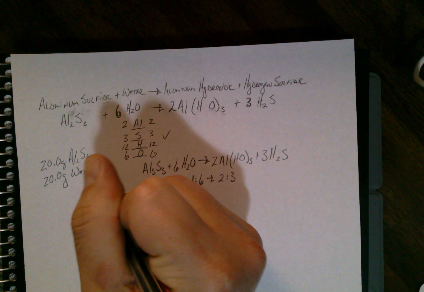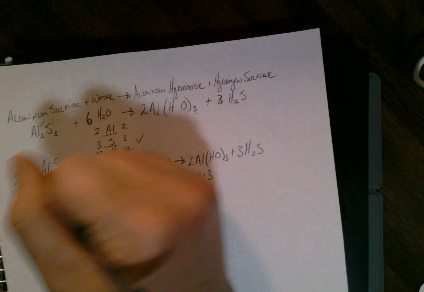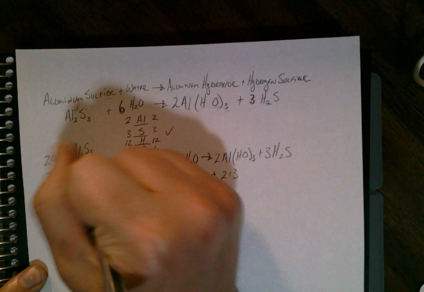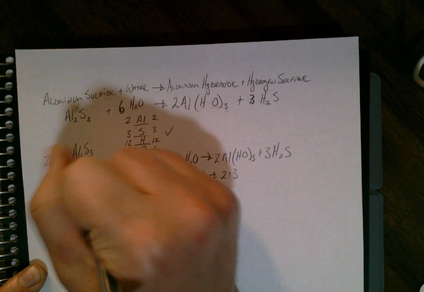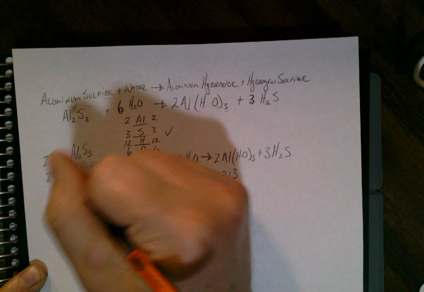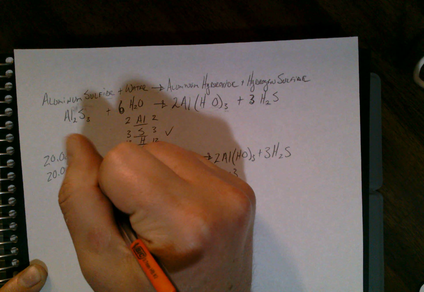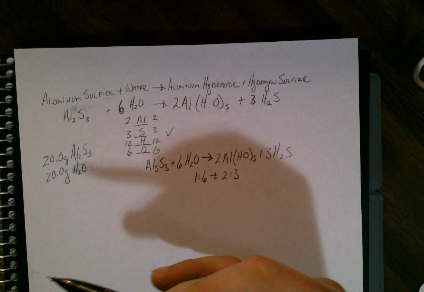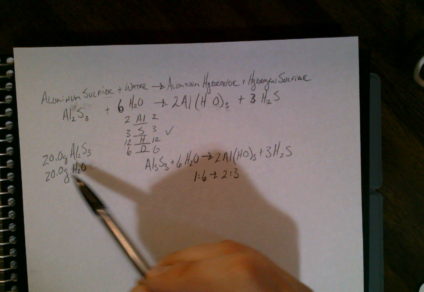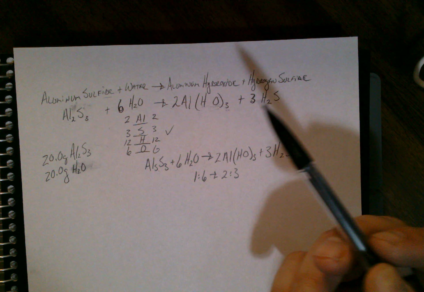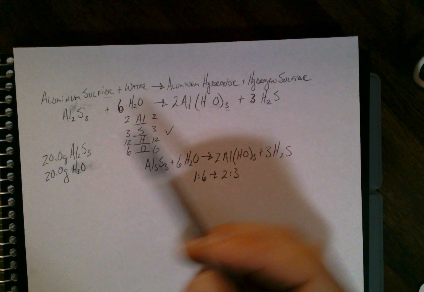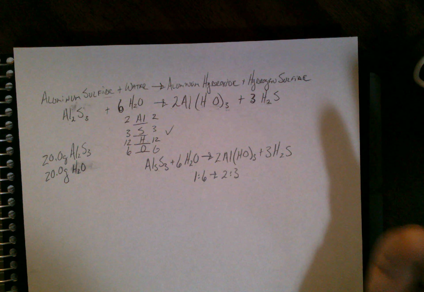Now, grams is a weight. Let's call that H2O just to keep everything consistent. Grams is a weight, so it would be difficult to throw water on a scale, but obviously you put it in a container, measure the difference, and you come up with a gram weight of that, and that's what those things weigh.